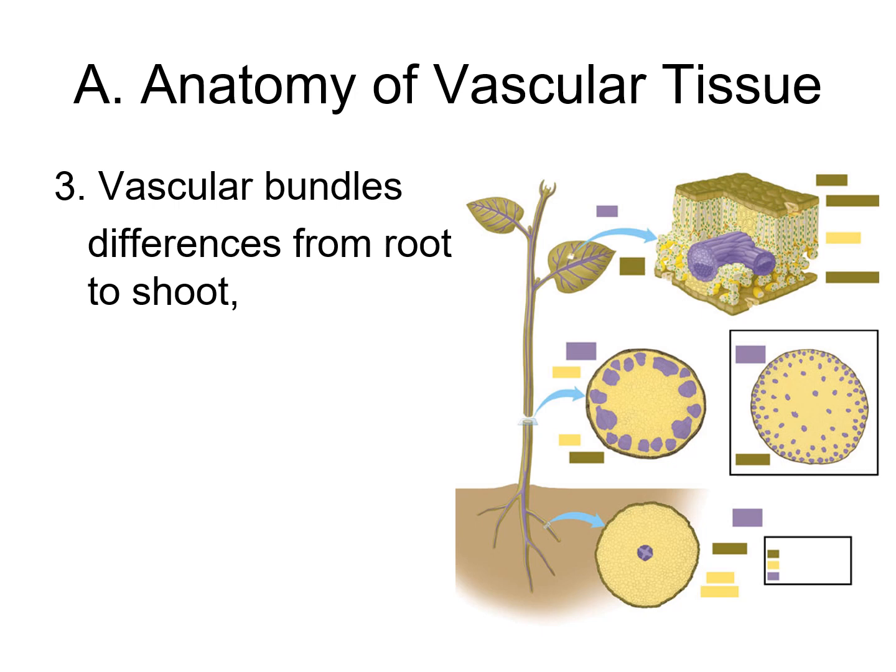But by the time it reaches the root, all of those bundles converge to make one cylinder in the center. There's also differences between monocots and dicots. So there we see a side-by-side of a monocot and dicot stem, and the differences in the patterns of distribution of the vascular bundle.